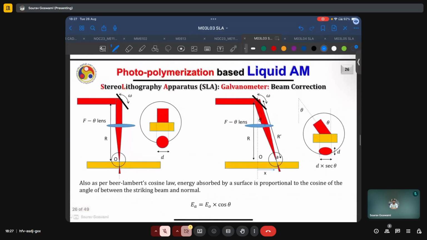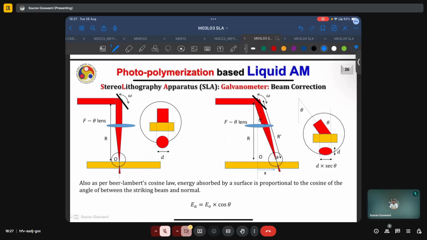A second consideration is the change in absorptivity of the surface because of the change in its angle of incidence. So not only is the energy intensity changing because of the change in shape of the incident beam, the absorptivity of the surface or the material is also changing.